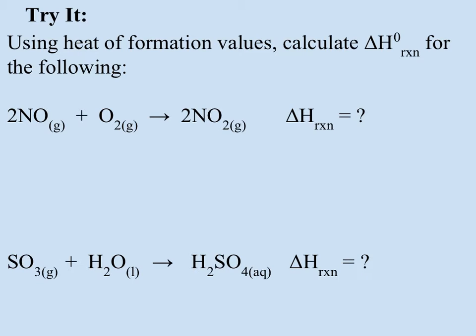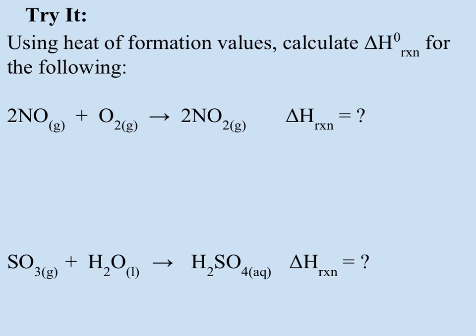So if I look at the first one, 2NO, I have a value of 91.3 kilojoules, and depending upon your reference chart, your values may be off by a few tenths or whatever, not a big deal. Oxygen's going to be 0 since it's an element, and NO2 as a gas is going to be 33.2.